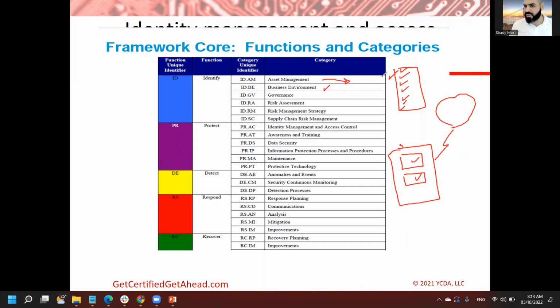For example, let's say that I have a very important database server. Why is this server important? You as an IT person, or a network engineer, or an information security engineer, don't really know how important this server is. You can know its importance, criticality, and impact by talking to the business and understanding how this server really impacts the business.